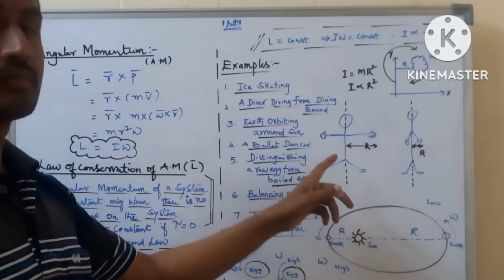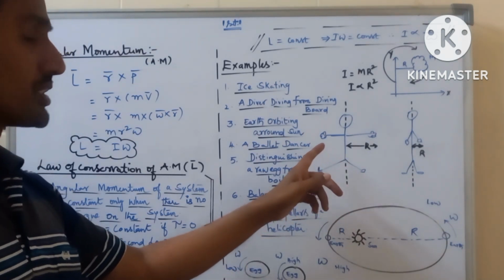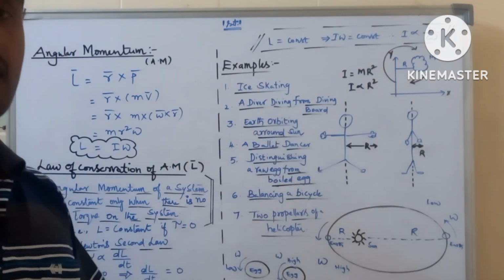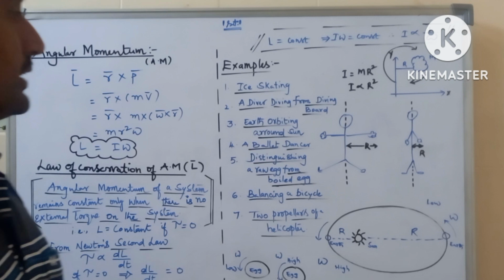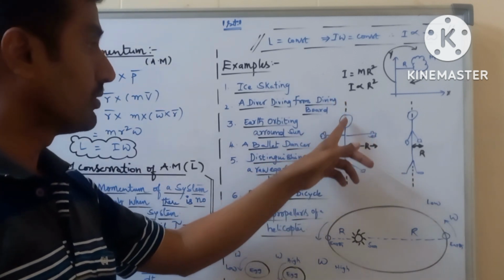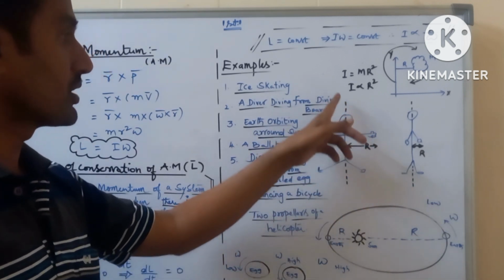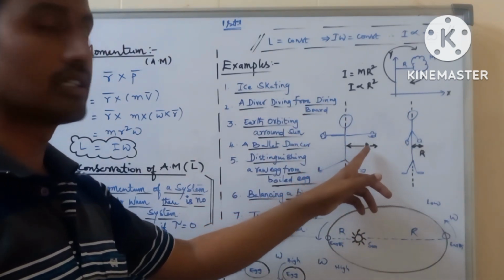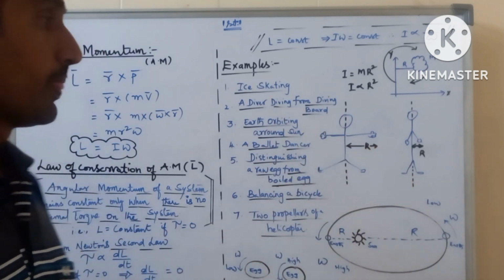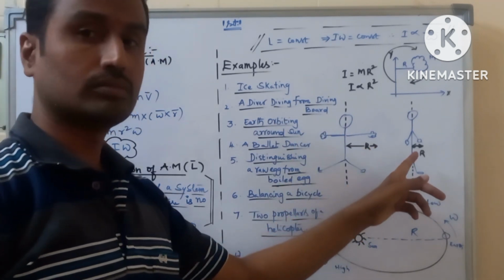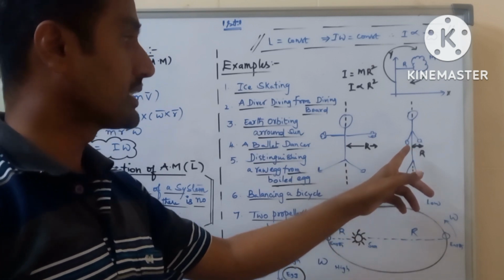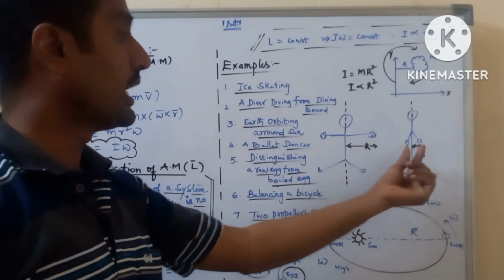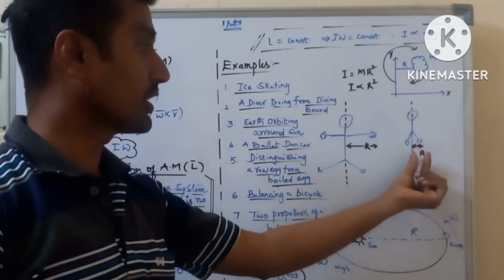When the person outstretches his legs and hands away from the body, the axis of rotation passes through the center of mass, and the distance from the axis of rotation is r. When the person holds his legs and hands towards his body, the distance from the axis of rotation will decrease.